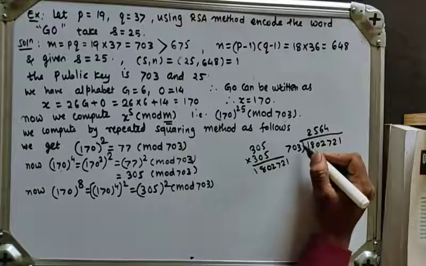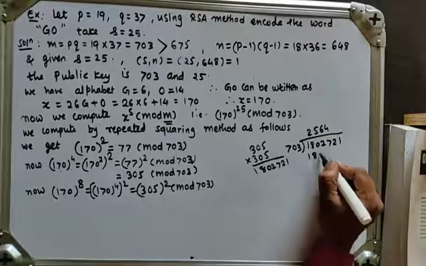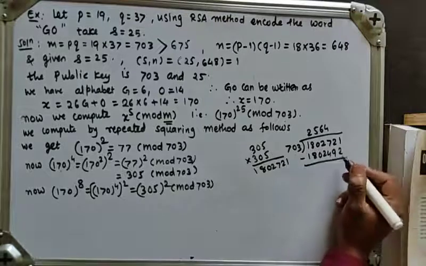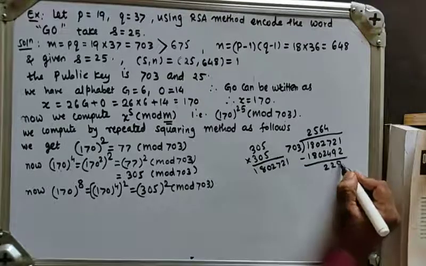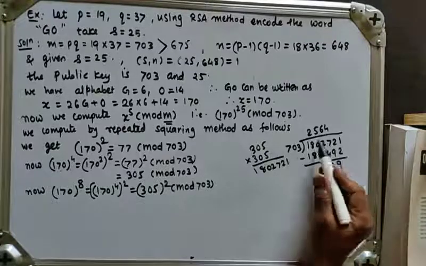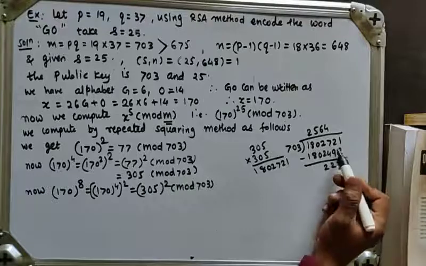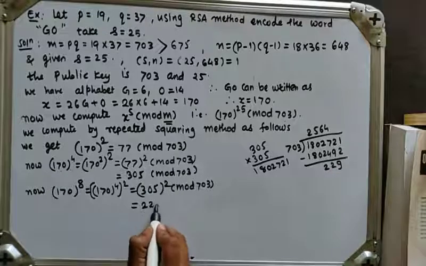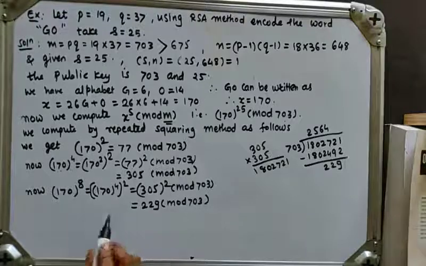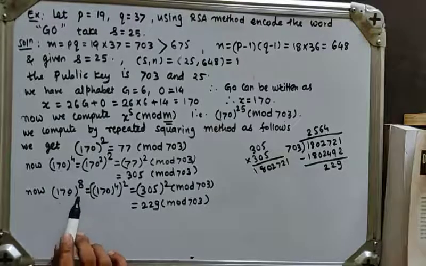Multiplying these two, we get 180249, and after subtracting, we get 229. So this is the remainder when 180271 is divided by 703. So we get 229 modulo 703. This is the value of 170 raised to the 8th power.